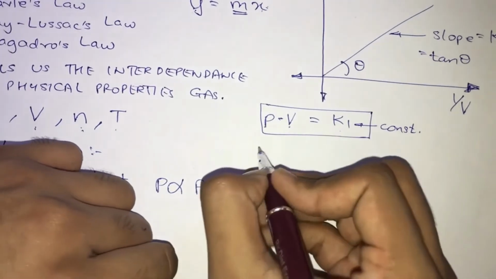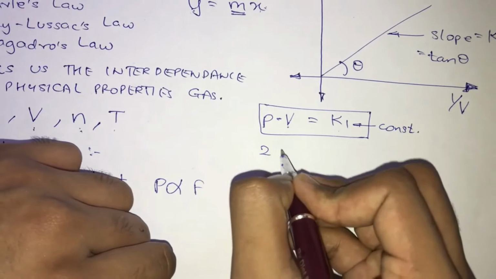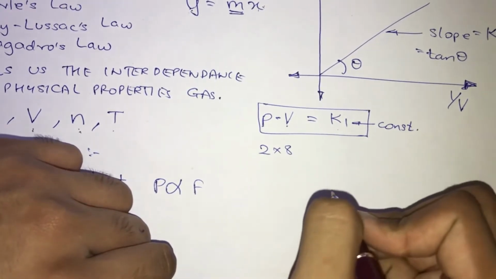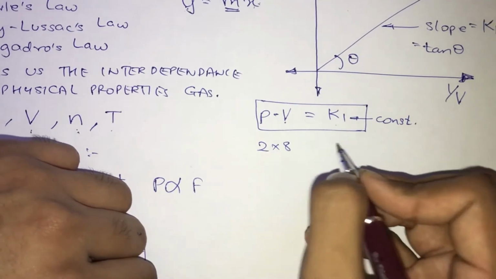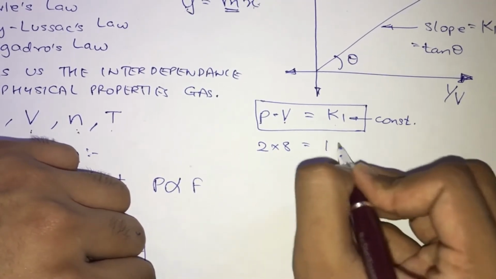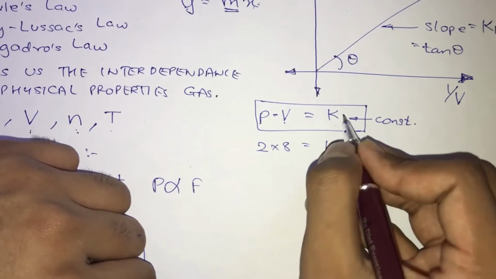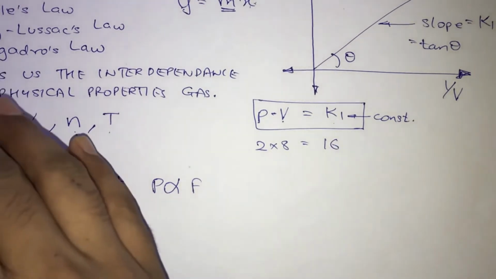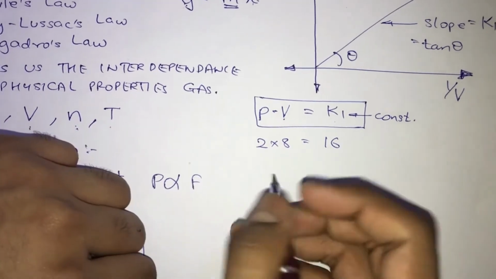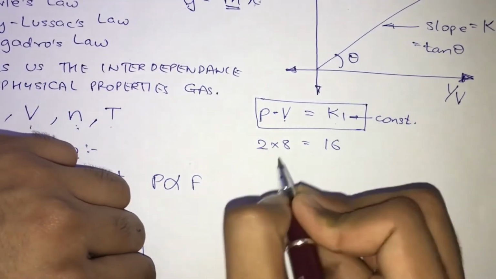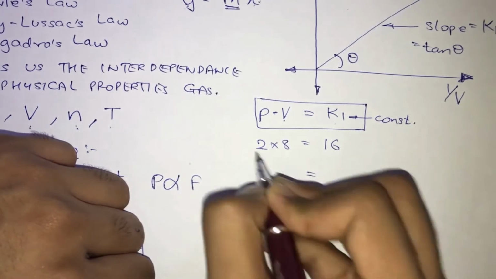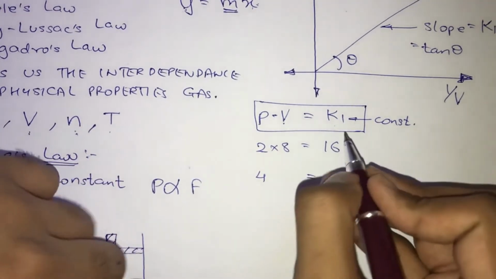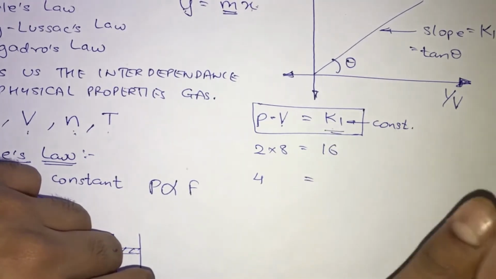Let's say that our pressure is 2 atmospheric pressure and our volume is, let's say, 8. So 2 into 8, obviously it is going to give you 16. So now here what is the value of our constant K1? It is nothing but 16. Am I right? Now let's say that you change the pressure from 2 to 4. So when you change the pressure from 2 to 4, as mentioned earlier, the value of this constant is not going to change.